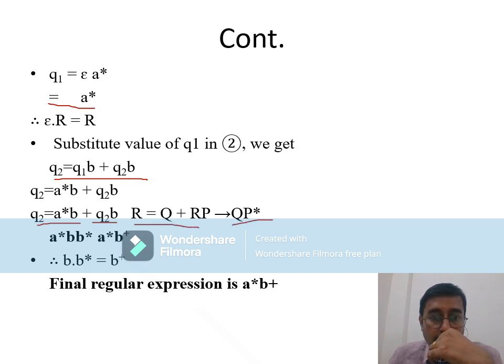So a star b, b star. Therefore b dot b star means b plus. So the final regular expression is a star b plus.